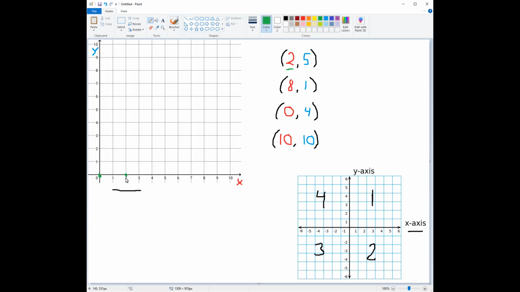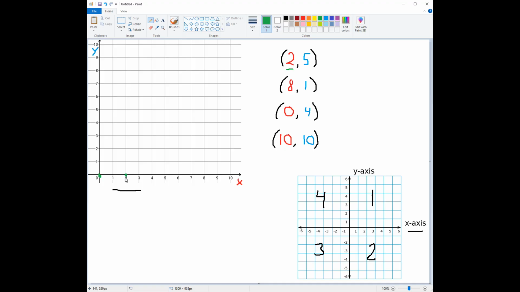Now I'm basically halfway done. Now I go and see, okay, y is 5. Very good. Back to where x is 2, where I made my little green dot. And now I need to go up, or potentially down. In this case it's up because it's positive. So without going left or right, I'm finished with the x-axis. I can now only move on the y-axis.